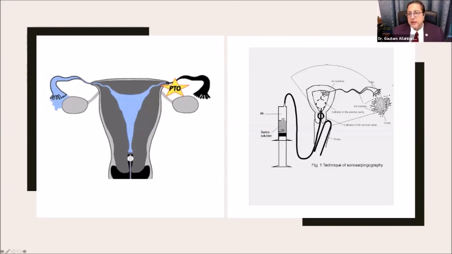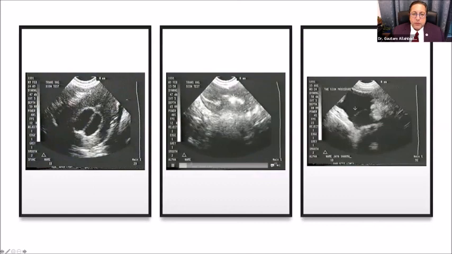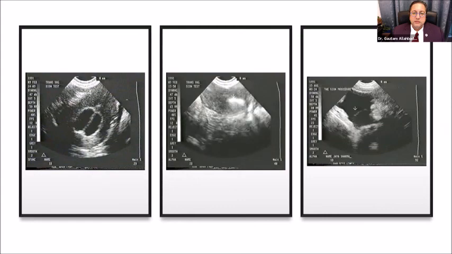A few years back, there was a fad of doing sonosalpingography using air and saline, again to find out tubal patency. And in my own unit, we had done it. Clearly, you can see once you push the air and saline, if the tubes are open, you see the waterfall sign. It does resemble a waterfall on transvaginal sonography.